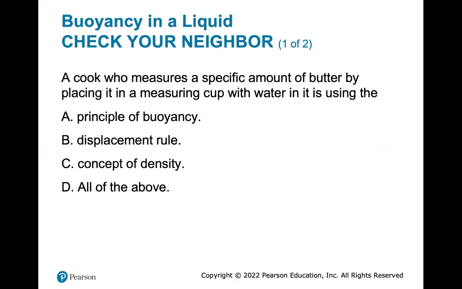Okay, a cook who measures a specific amount of butter by placing it in a measuring cup with water in it is using the principle of buoyancy, the displacement rule, the concept of density, or all of the above. Well, he's using the concept of B, the displacement rule.